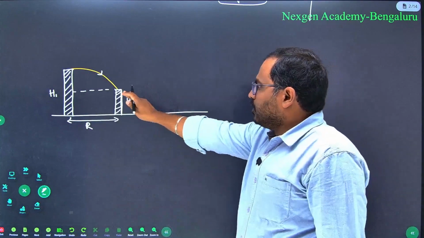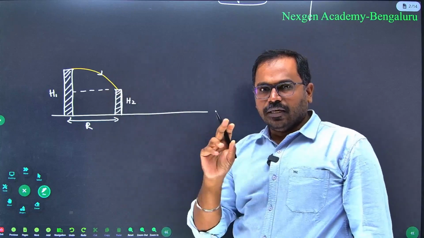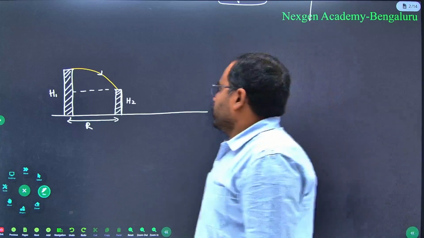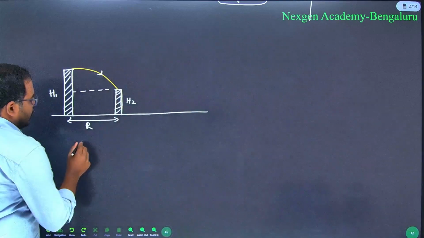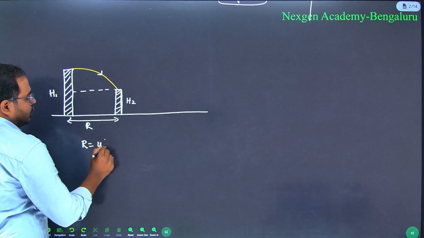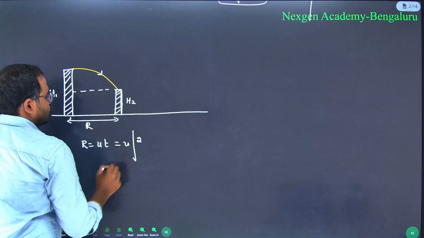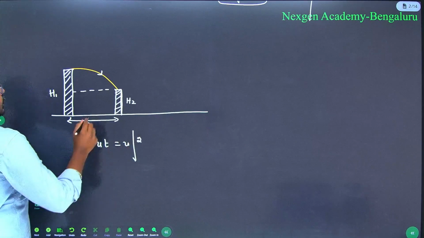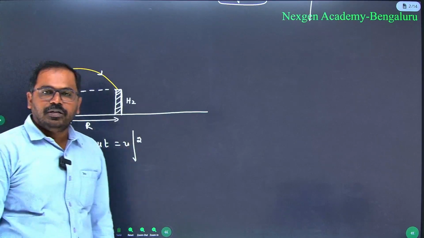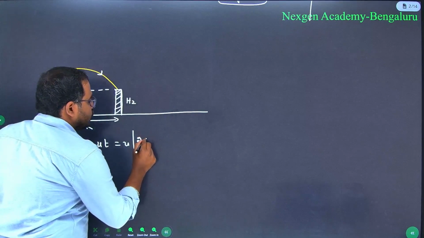The person has to jump from h1 to h2, so that height difference we have to consider. So R is equal to horizontal velocity into time taken. This is u into square root of 2 into, in this context, the height difference between the two buildings, by g.